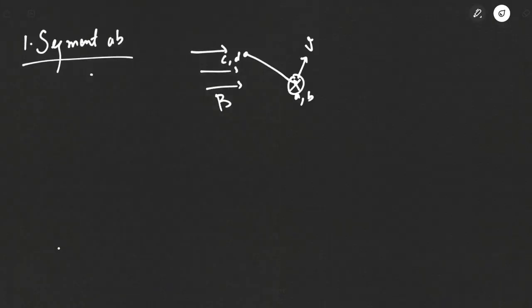So with this in mind, we have V cross B. V, the velocity, is tangential to the path of rotation.